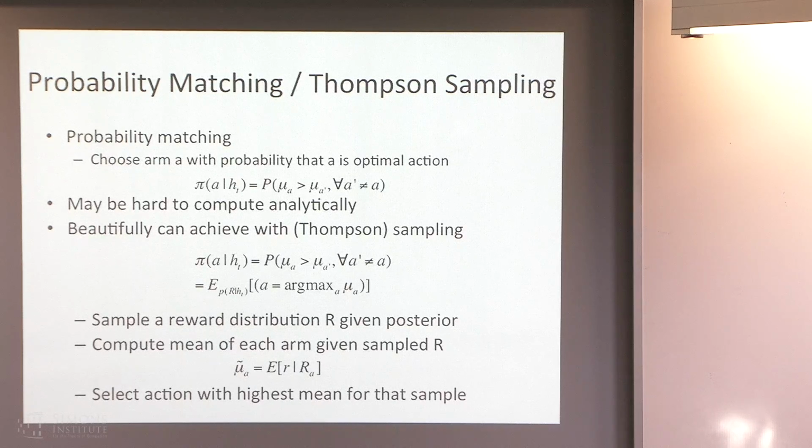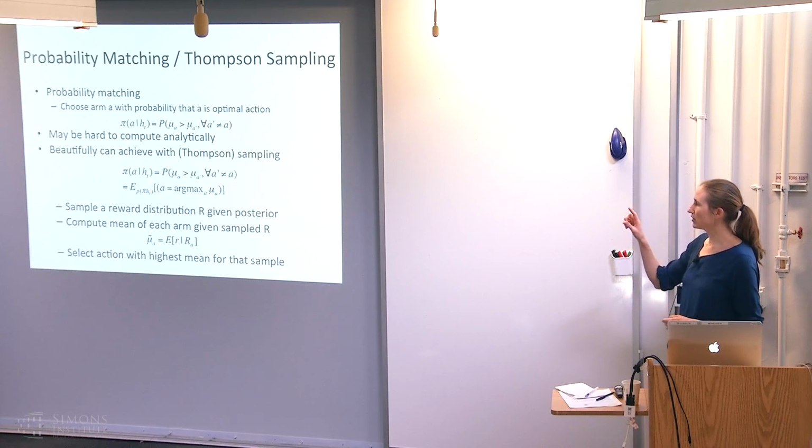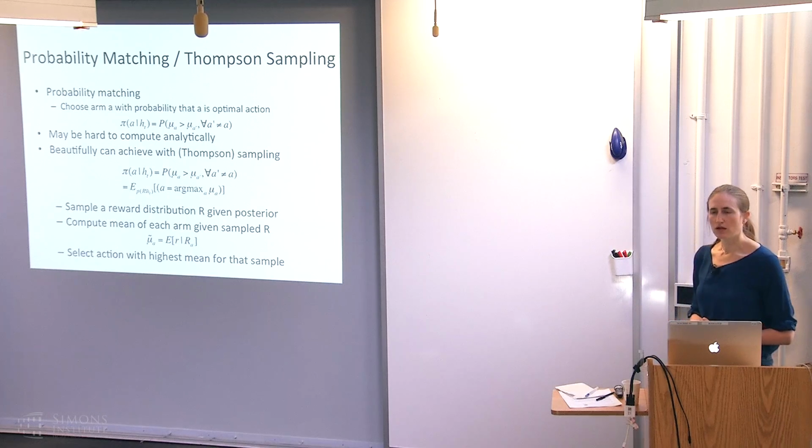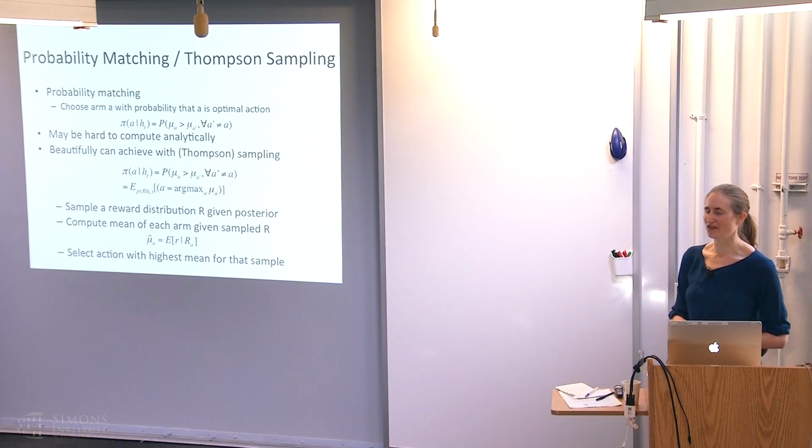But this procedure can be proven to converge as you get more and more data. The posterior will concentrate on the one with the... Yeah, and I'll talk more about what guarantees this allows us to have, but yes, this will converge. Does it have guarantees even if we do not assume that the world is a Bernoulli distribution? Like, even if we are wrong, what kind of guarantees can you have if your prior is wrong?